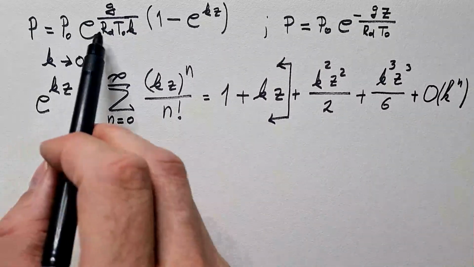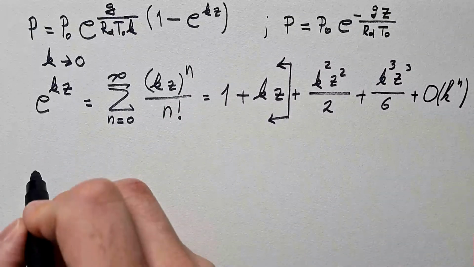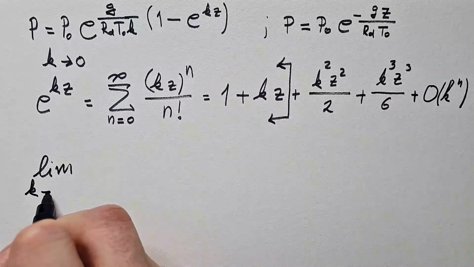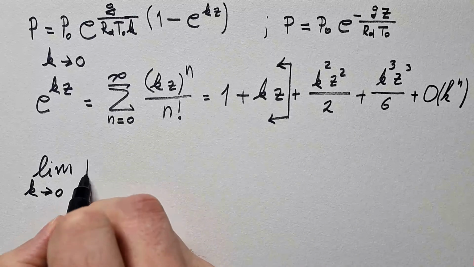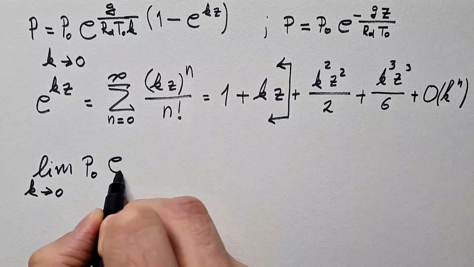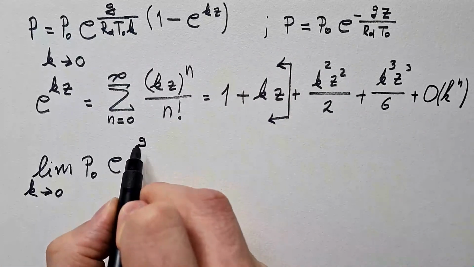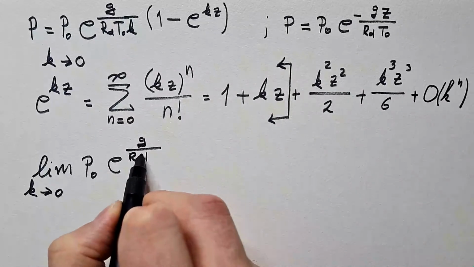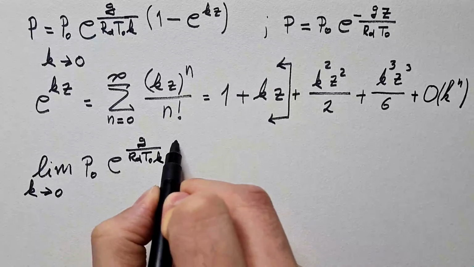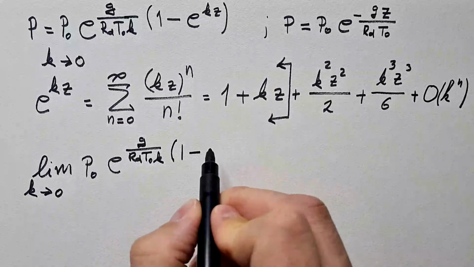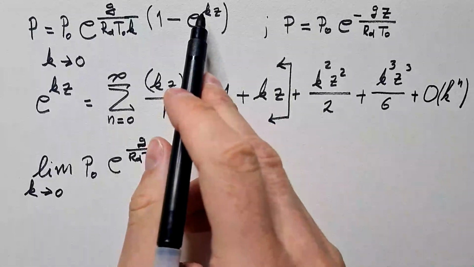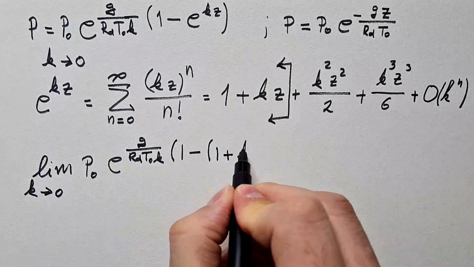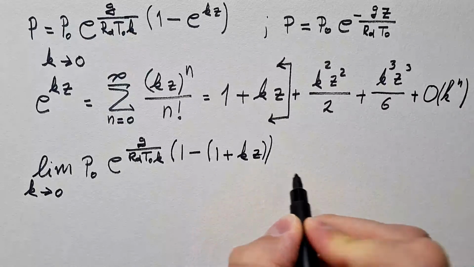Therefore, this expression over here becomes the limit when k goes to 0 of p naught e to the power g over R_d T naught k times 1 minus, instead of e to the kz, I write this 1 plus kz.